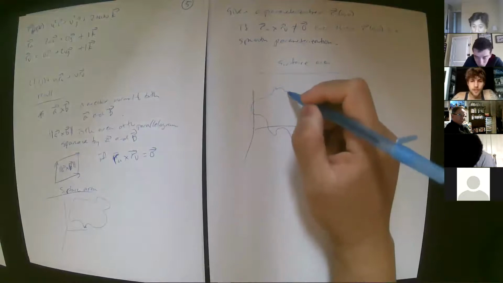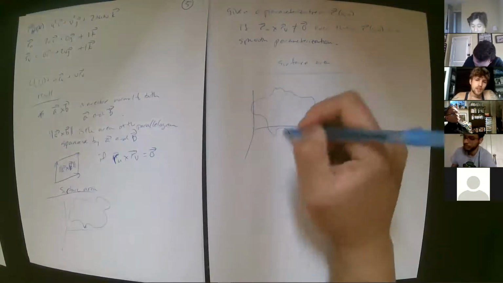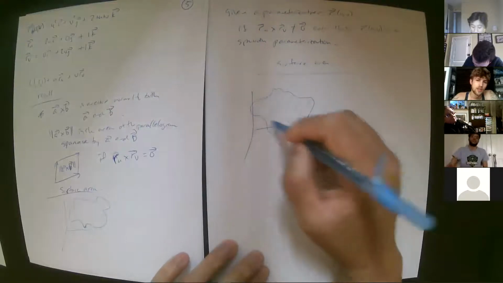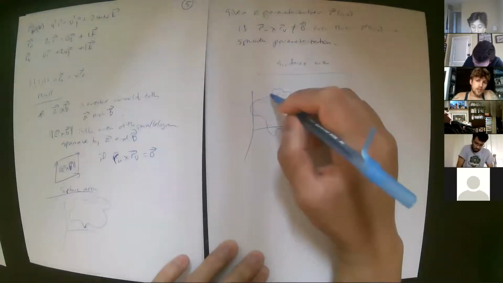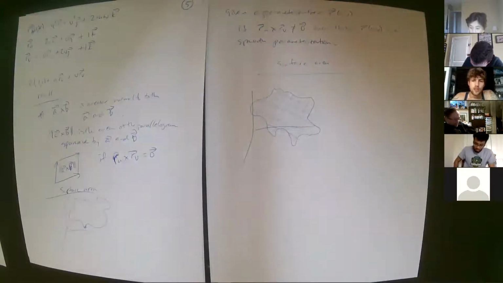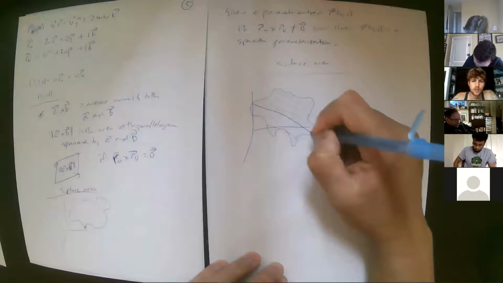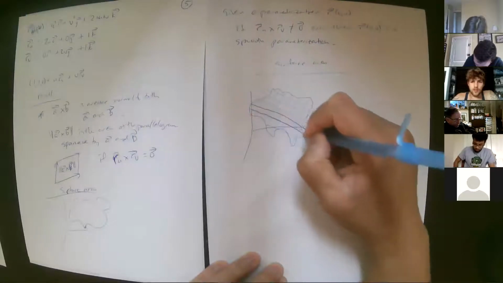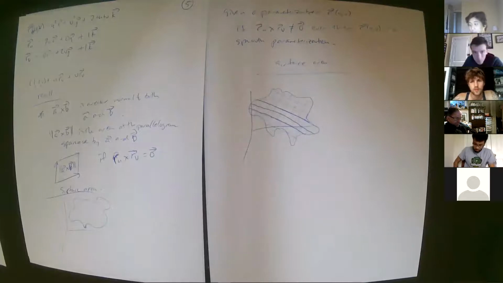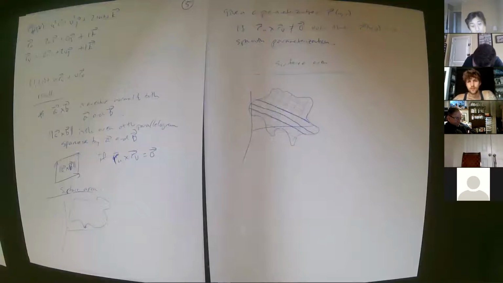So we'll chop this up into little tiny parallelogram things. And if I want to compute the area of the whole surface, I should compute the area of each of those parallelograms and add them up, right?